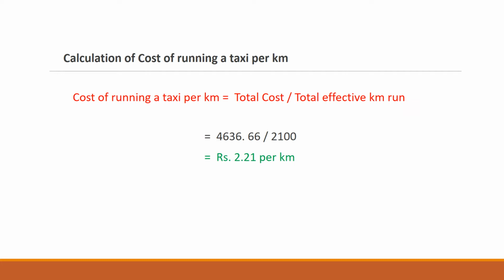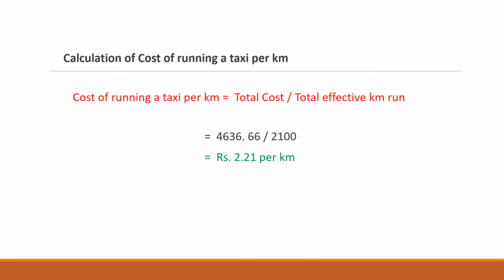So now we are coming to the calculation of cost of running a taxi per kilometer. This is what they ask in the problem. Cost of running a taxi per kilometer is total cost divided by total effective kilometers run. Total cost as per the operating cost sheet is 4,636.66.